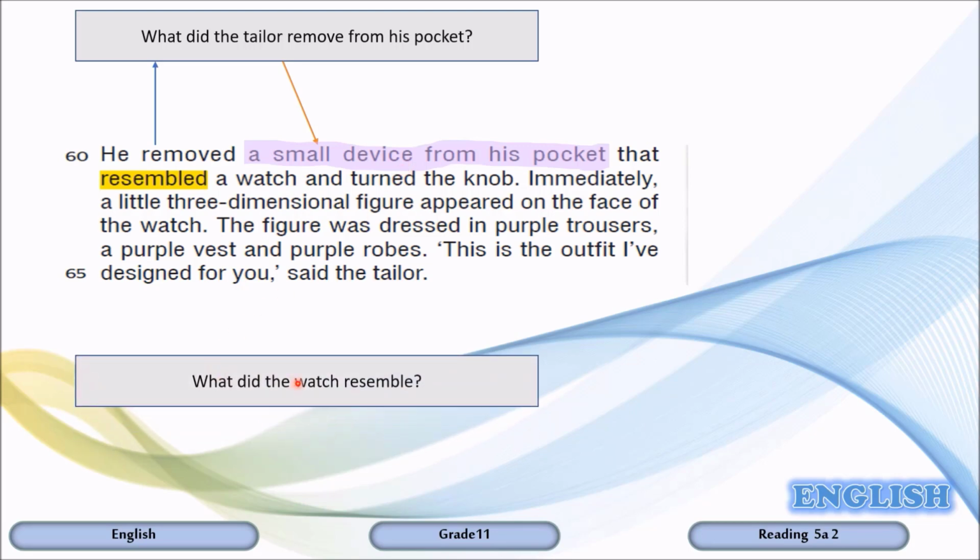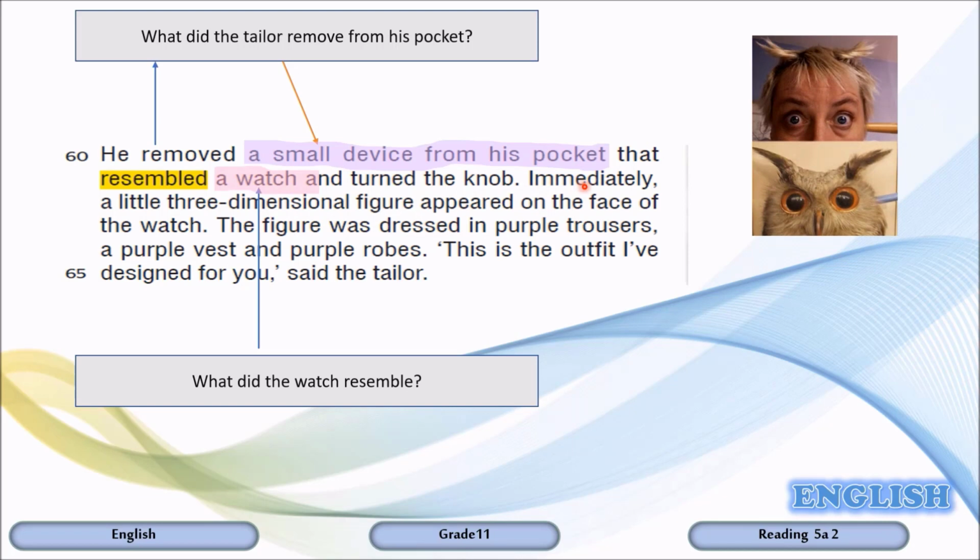What did it resemble? It resembled, excellent, a watch. It means it looked like a watch. And if you look at this picture, I guess it's clear. If you look at his eyes and the owl's eyes, you may understand what we mean by resemble. Thank you very much.